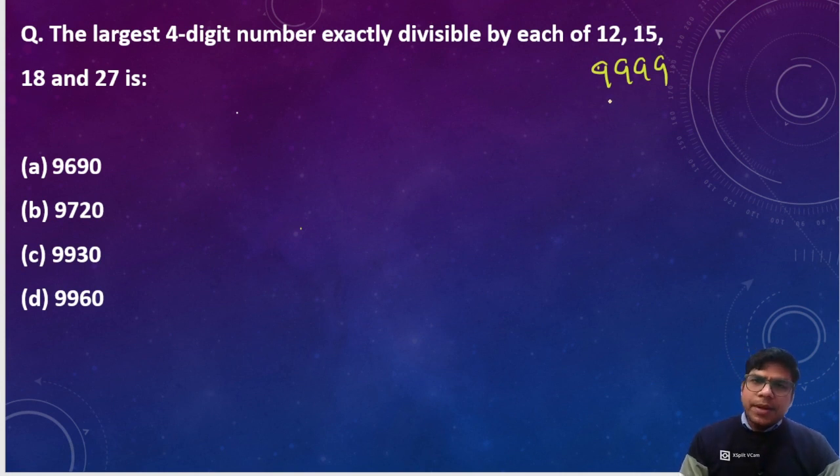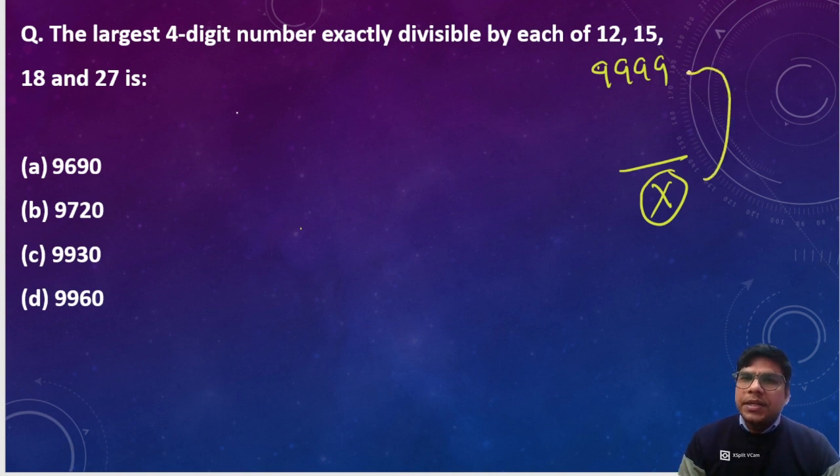So what you have to do is take the LCM of 12, 15, 18 and 24, then divide the largest 4-digit number by it, and whatever remainder is there, subtract the obtained remainder from the number itself, and you will get your required answer. But as you can see, it is very calculative. If you solve this question through the basic method, it will be very calculative and time consuming.